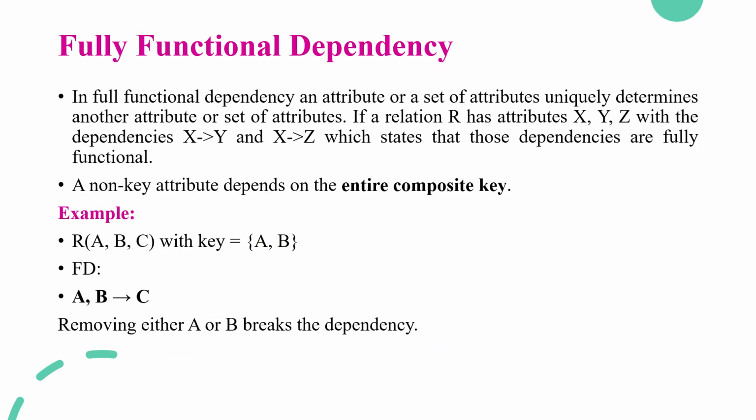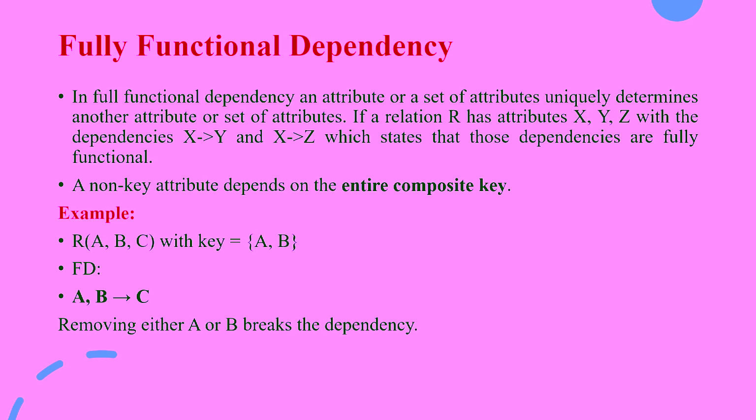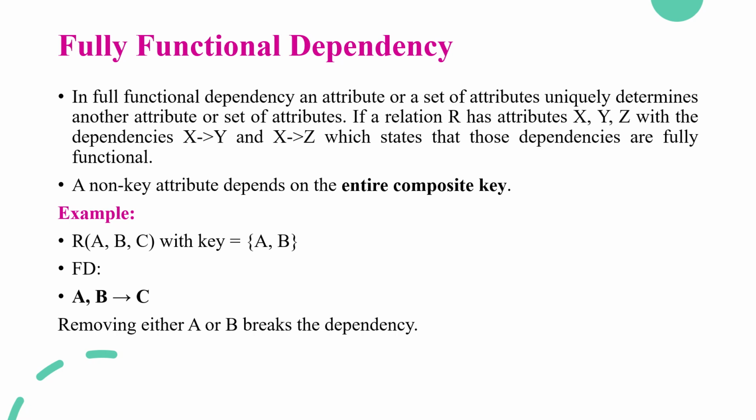Next we can go for fully functional dependency. In a full functional dependency, an attribute or a set of attributes uniquely determines another attribute or a set of attributes. If a relation R has attributes X, Y, Z with the dependency X determines Y and X determines Z, those dependencies are fully functional provided the non-key attributes depend on the entire composite key.